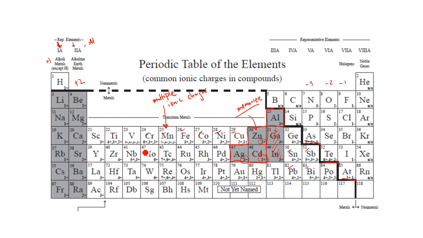If we use those metals, I do not expect that you would memorize these charges. Moreover, even if you did memorize those charges, it wouldn't help you with naming. So we just have to know that when we come upon a metal that lives in this general transition block, we have special rules about how to name it, and that's what this video is going to focus on. So let's take a look.